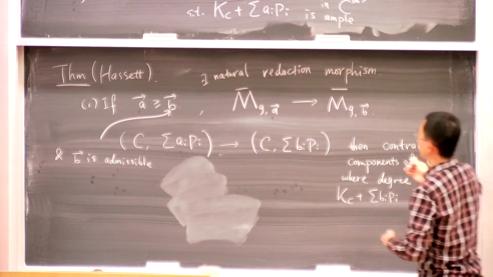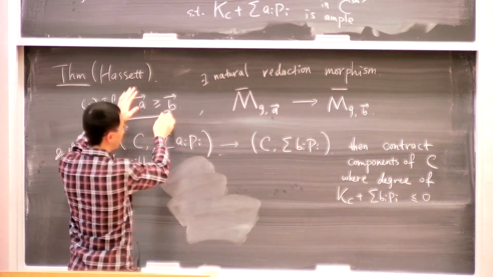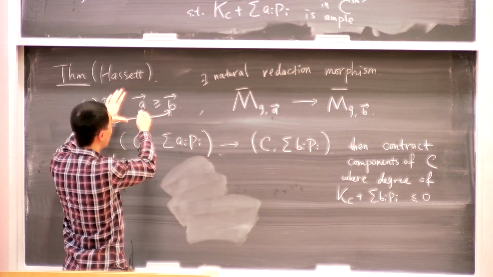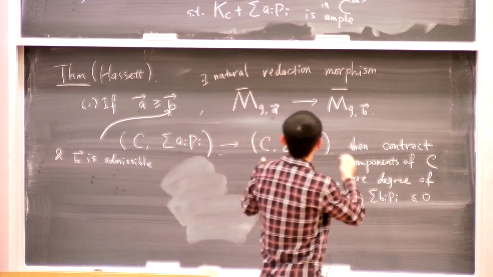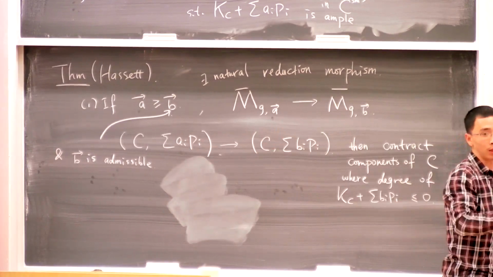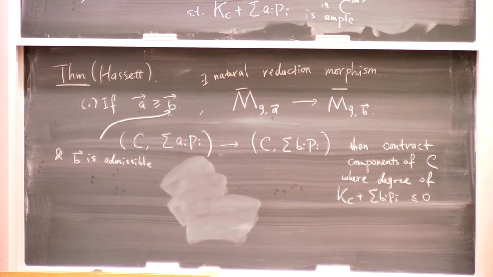And of course, this only works if the weights are larger than or equal to the other. So what happens if you choose two weights that do not have this monotonicity? Then there is also a wall-and-chamber decomposition for the admissible domain.